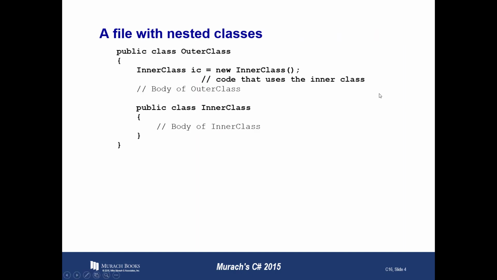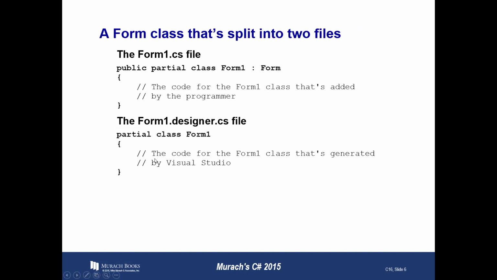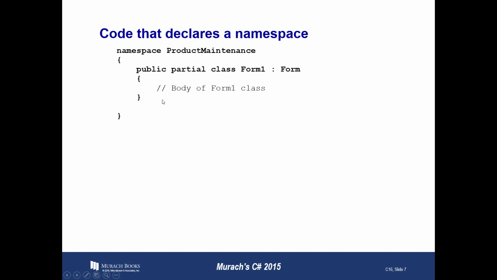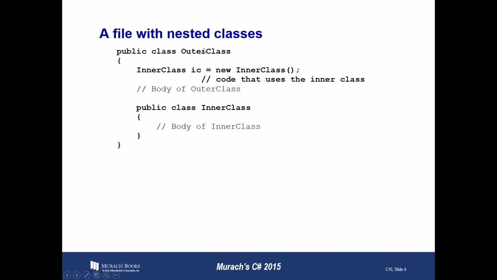Another way is to nest a class within another class. So you've got an inner class. This is useful when one class is used only within the context of another class. To refer to the nested class, you have to qualify it with the name of the class it's nested in. So you have to say, outer class dot inner class, for example.